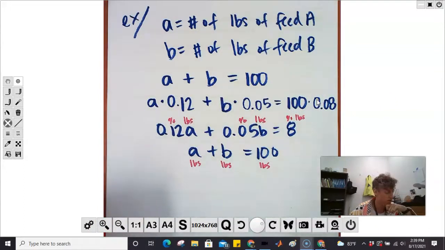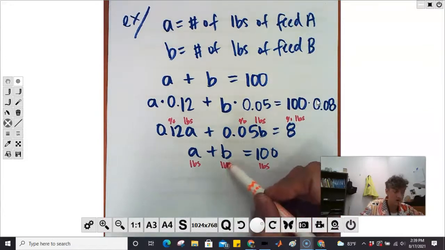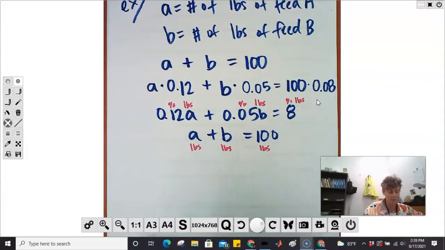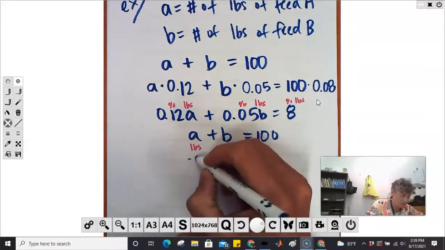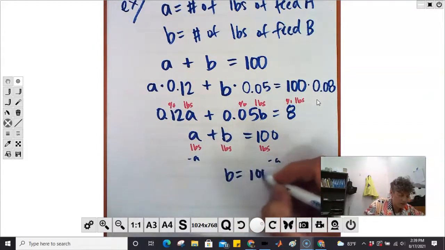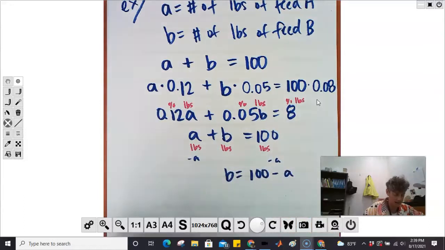Let's write this equation as an equation in terms of b. So let's subtract a on both sides, and get b is equal to 100 minus a. Okay, and then we'll plug that into this first equation.